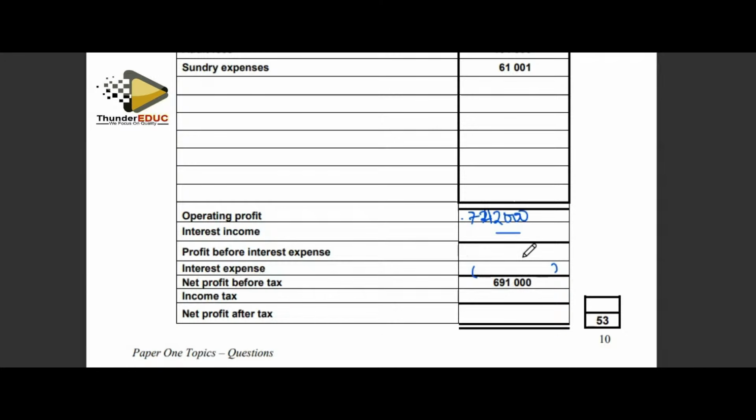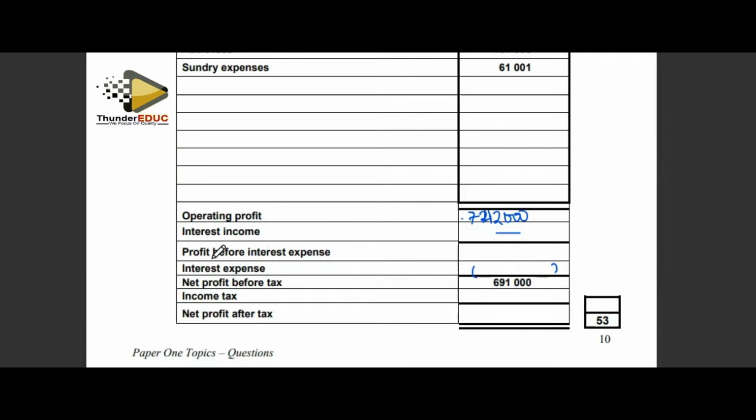So what do we need to do? We need to determine, we are going to use this one, which has been given to us, the net profit before tax, and then we work back. You understand? We have to determine the interest expense. Then we shall work back, as we shall see. Okay.